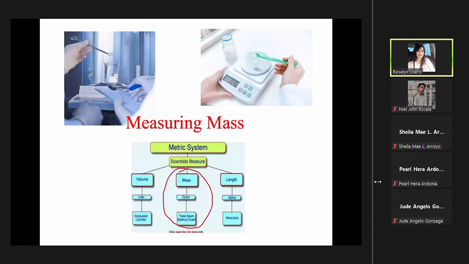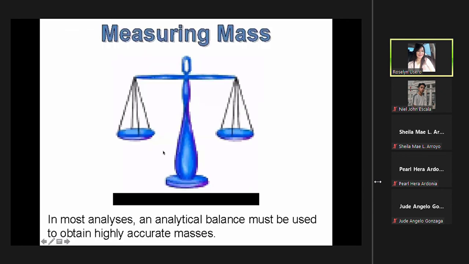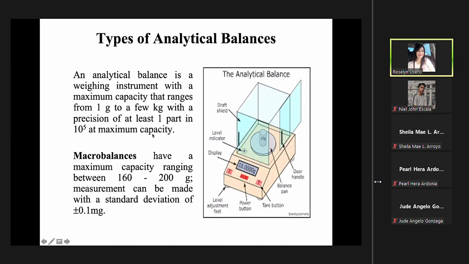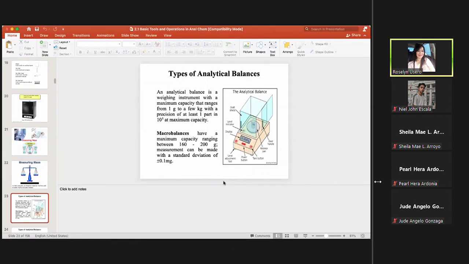Okay, so now we go to measuring mass. In most analyses, an analytical balance must be used to obtain highly accurate masses. Okay, can we stop here and continue tomorrow?